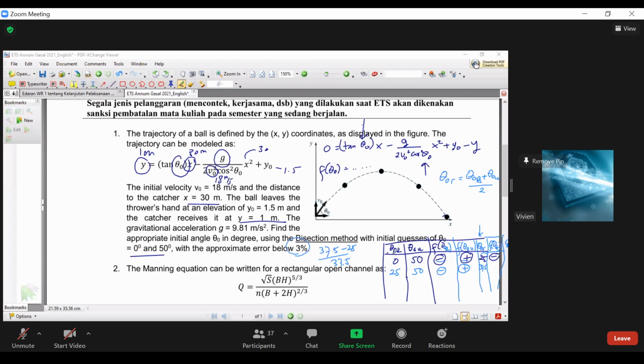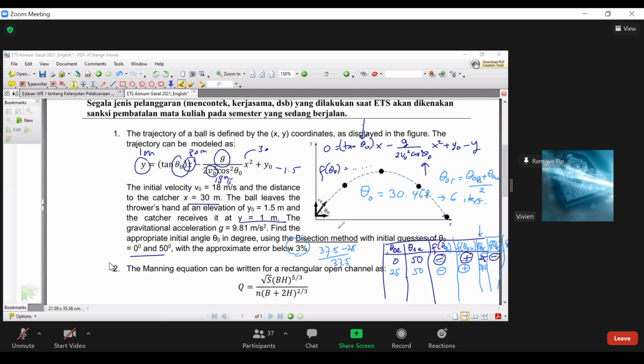To get below 3%, based on my calculation, it will need 6 iterations, and the value of theta 0 will be 30.468. And I think that most of you already got this correct.